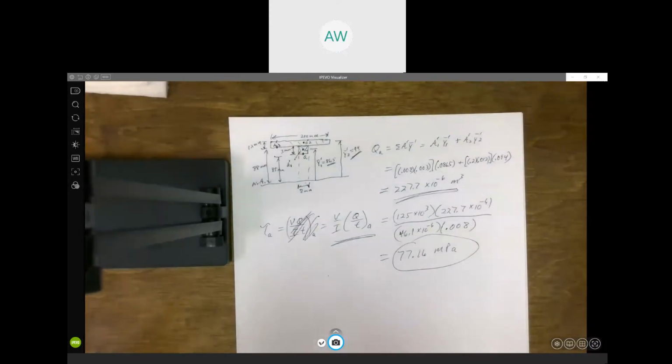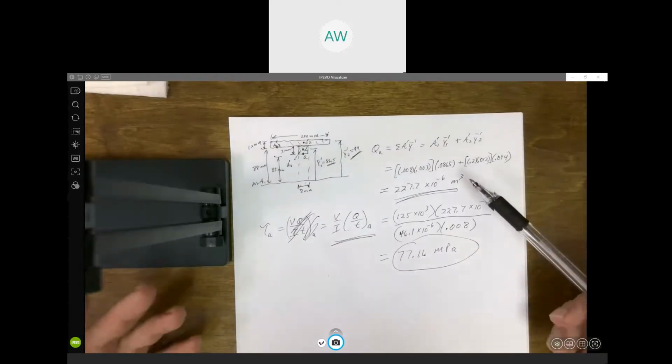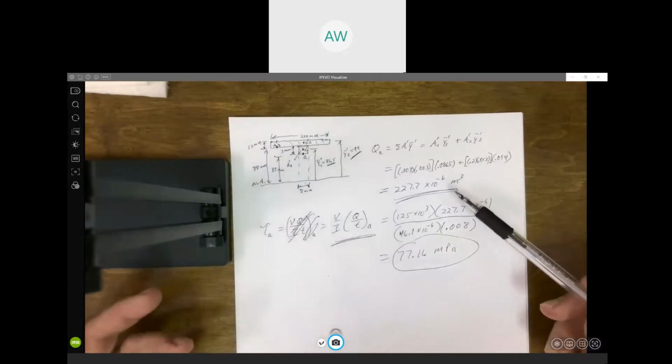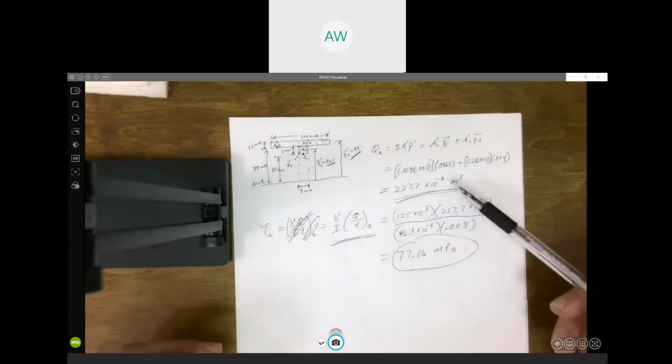Right, so the question here again, if you're asked to find shear stress someplace other than the neutral axis, any point you want to, this is what changes. The thickness could be different than it is at the neutral axis, and Q definitely will be different.